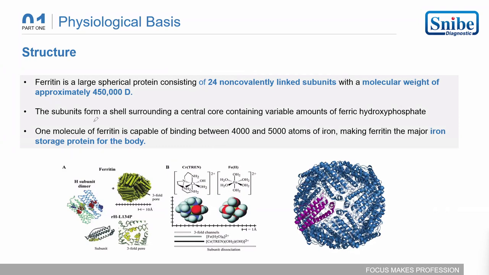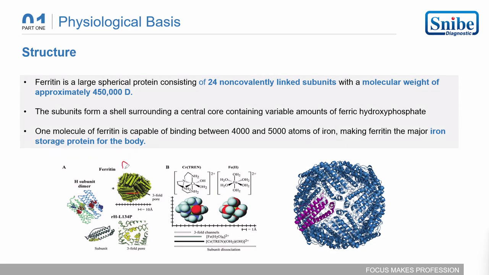These subunits form a shell surrounding a central core of a variable amount of ferric hydrophosphate. One molecule of ferritin is capable of binding 4,000 to 5,000 atoms of iron, making it the major iron storage protein for the body.